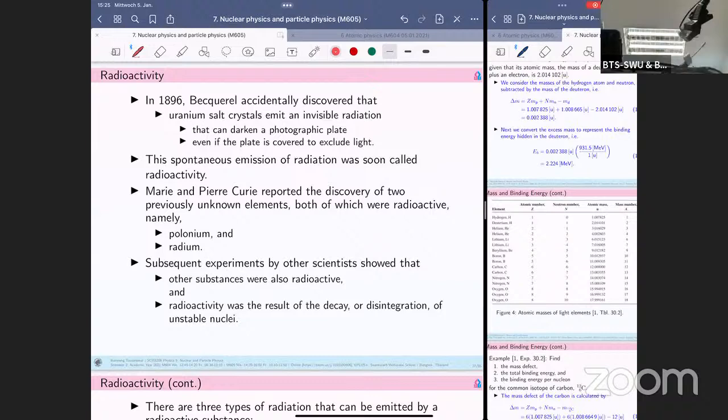Subsequent experiments by other scientists showed that other substances were also radioactive, and radioactivity was the result of the decay or disintegration of unstable nuclei. Once a big nucleus changes itself into a smaller one, it emits harmful particles, which is radioactivity.